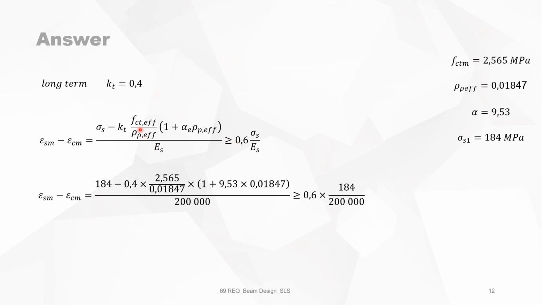So when we put in the corresponding values, we see that delta epsilon is 5.9 times 10 to the power minus 4, and it must be bigger than this value, which is 5.52, so this is okay.